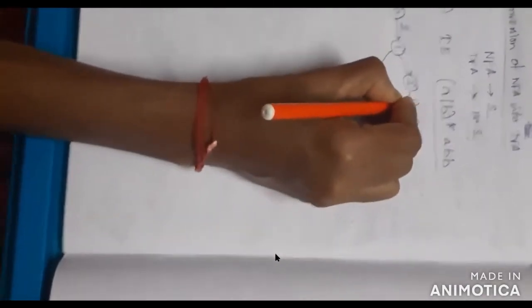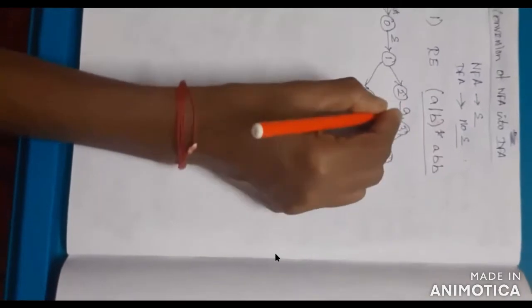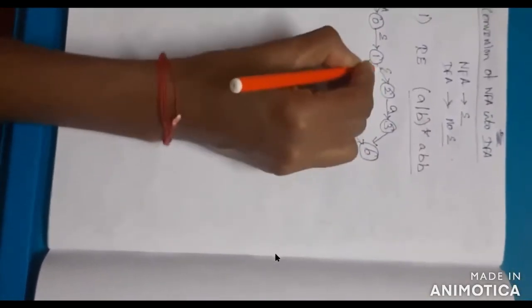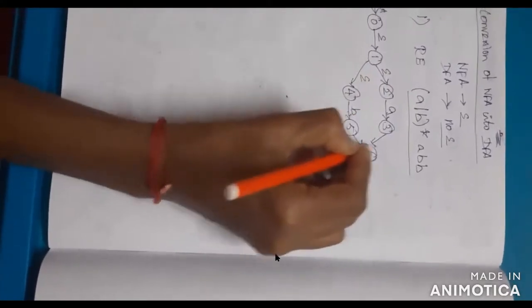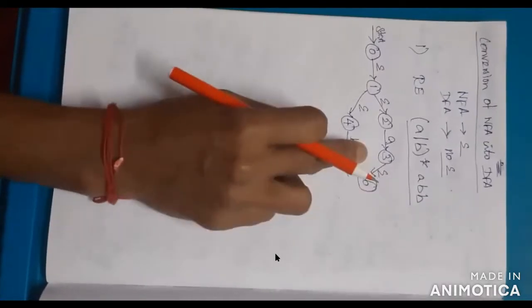So here A slash B, the slash indicates the divided positions. So A bar B. The remaining transitions indicate epsilon. This diagram indicates A bar B.